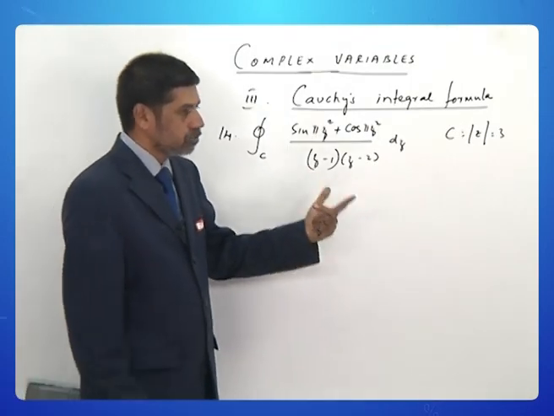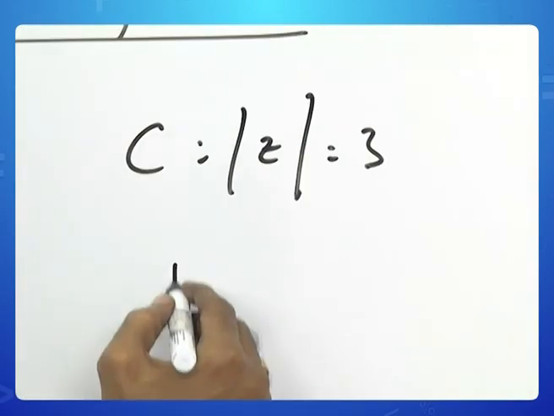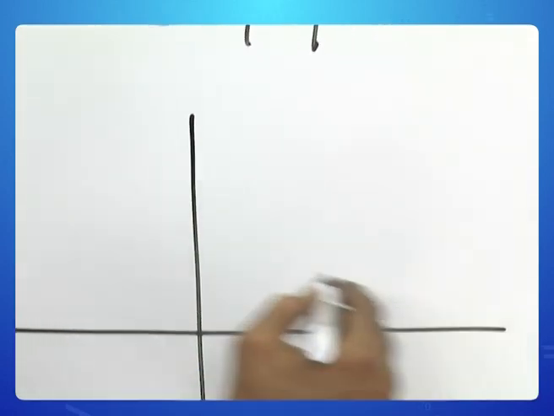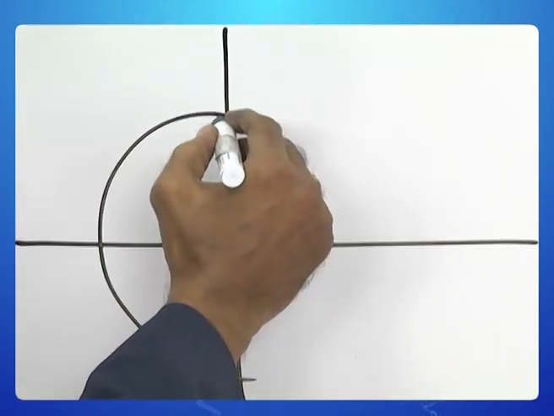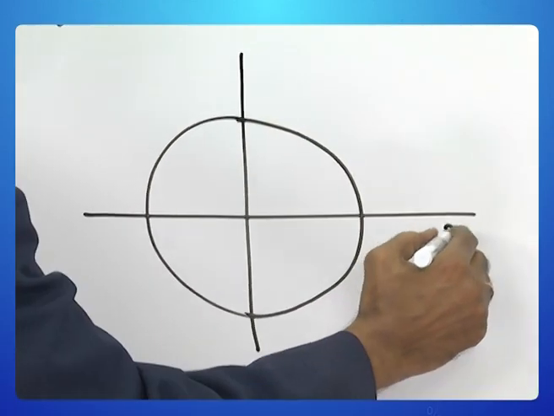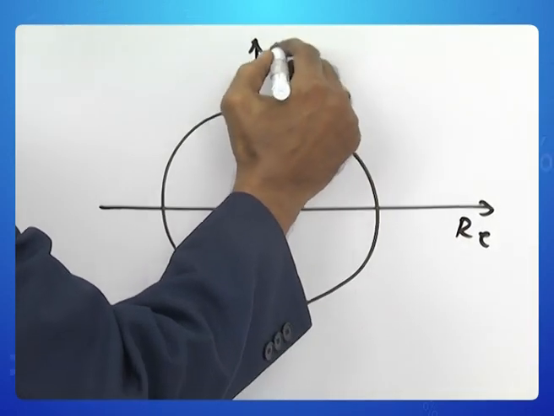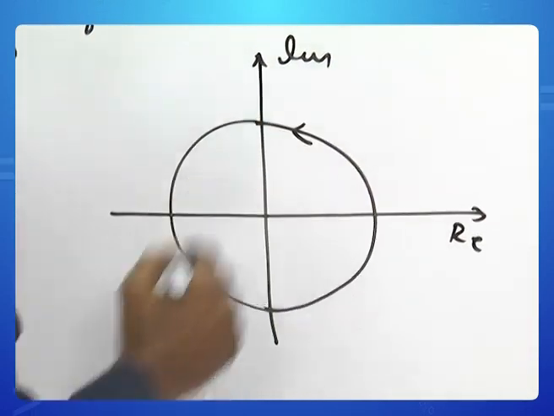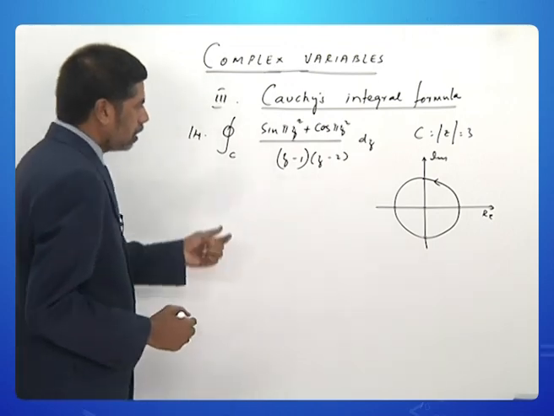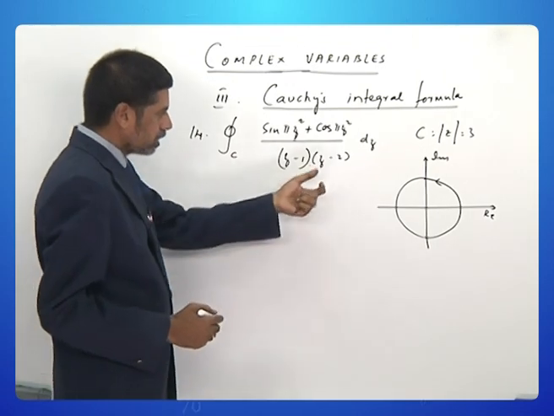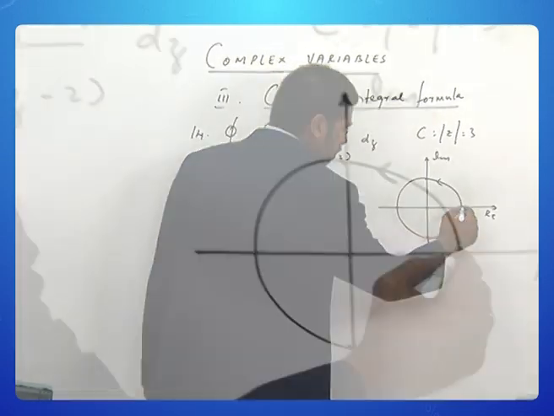This is very similar to the last problem. And once again, the singularities are 1 and 2. This is 3 comma 0.